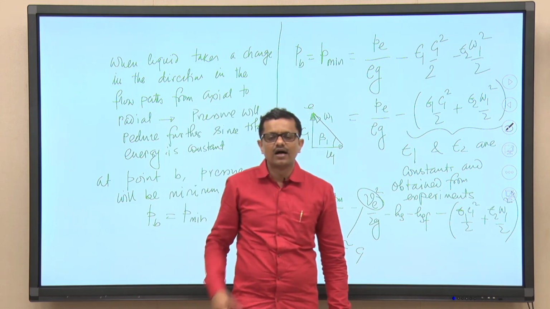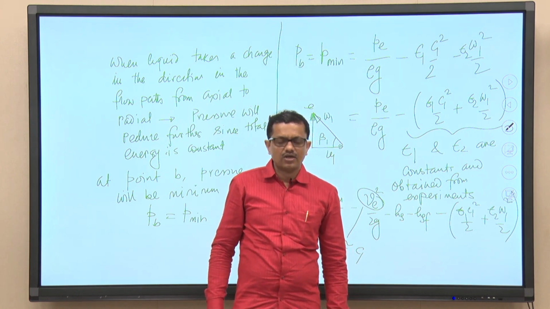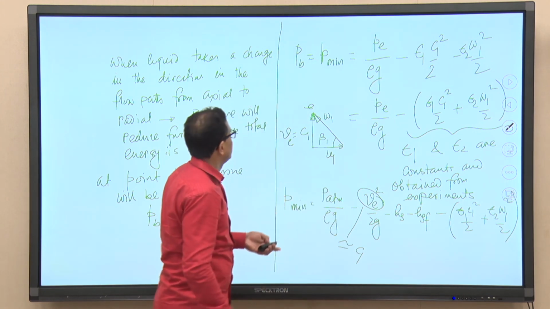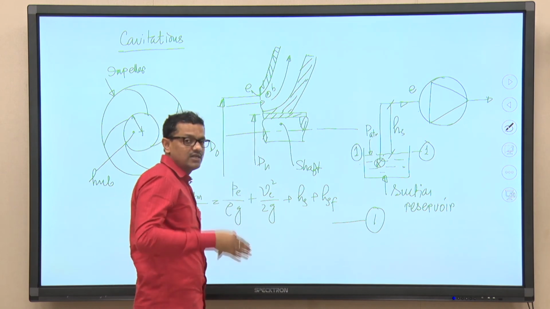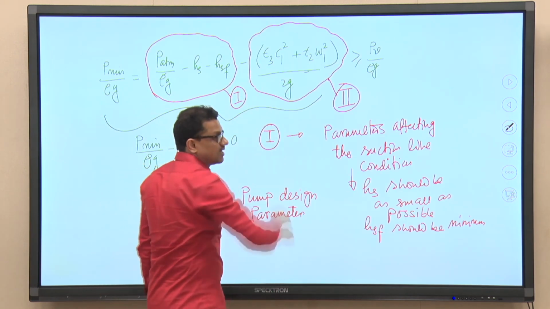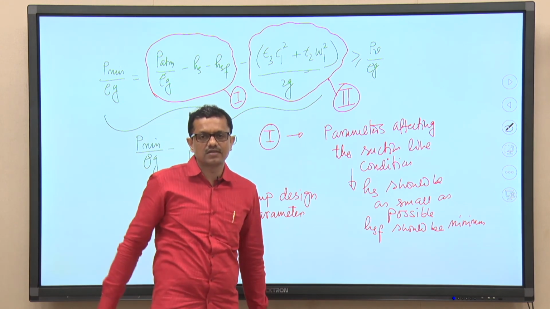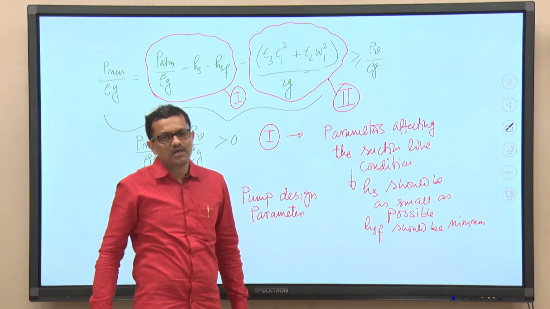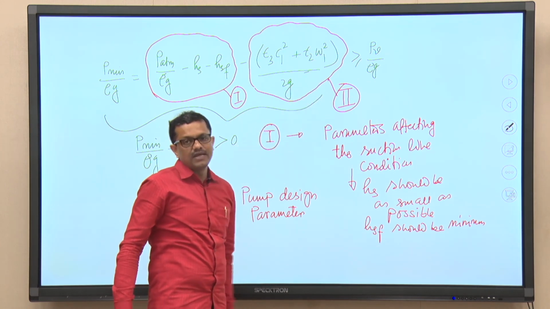Of course, we can design the inlet diameter of the impeller. So, we need to select beta 1 in such a way that at point B, when we go a little inside the flow passage, the magnitudes of C1 and W1 are not very high. If these two velocity components are very high, then perhaps cavitation cannot be avoided.